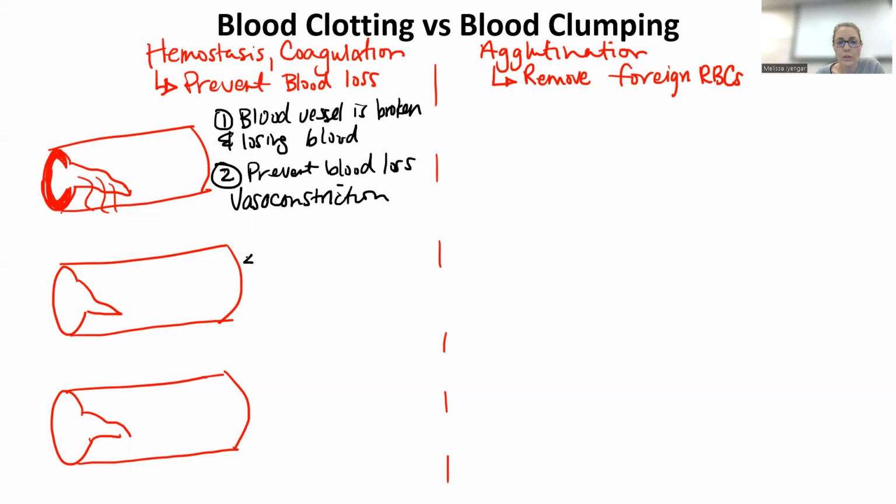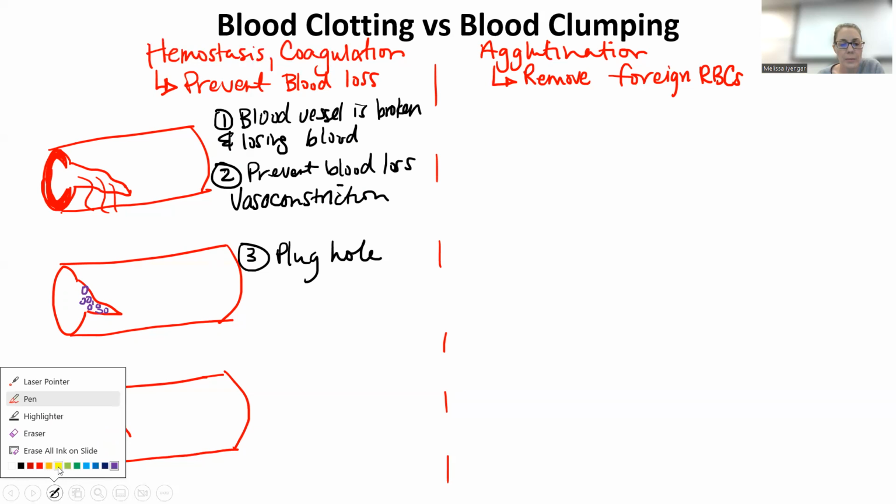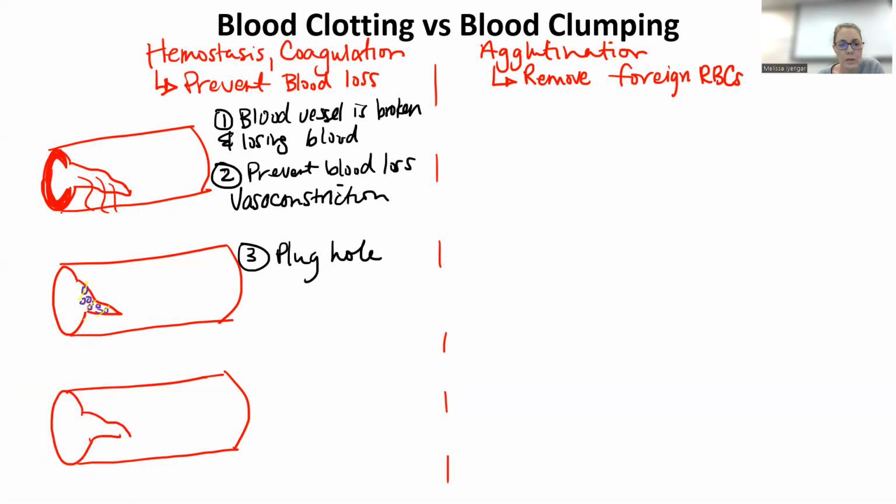Then essentially the third step is going to be plugging up the hole. To do this, the platelets, which are, remember, those really tiny cell fragments, are going to get stuck in the hole because there'll be some collagen fibers that basically unwind because you have that hole right there.